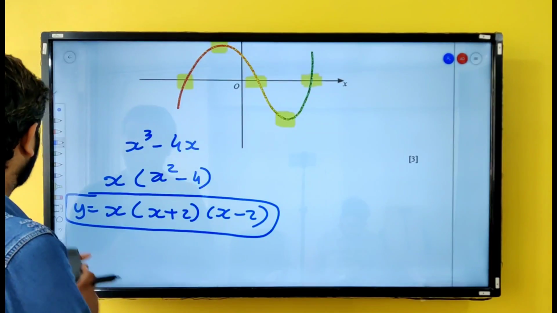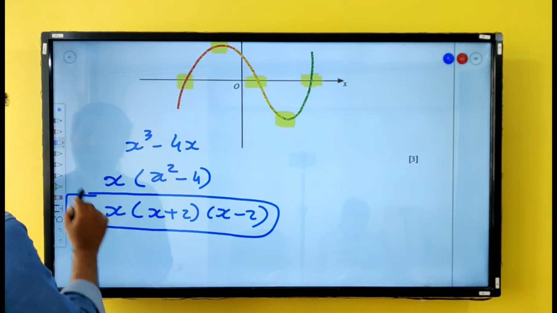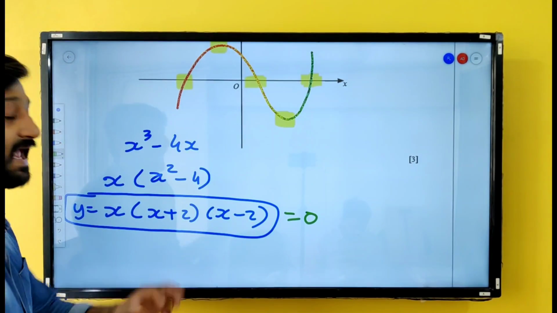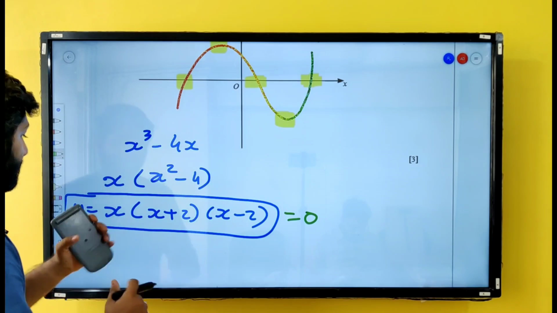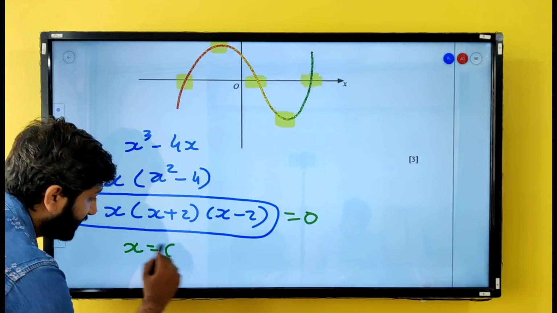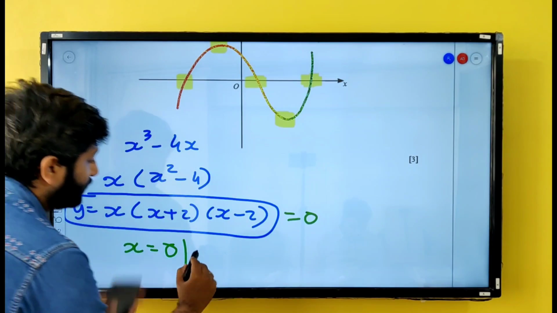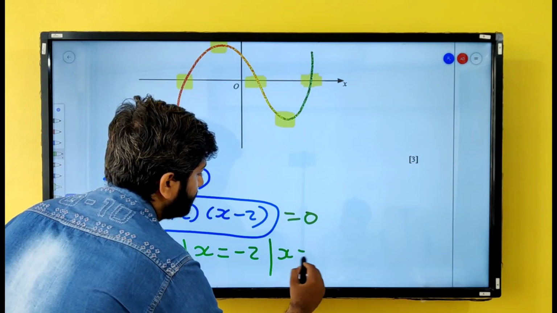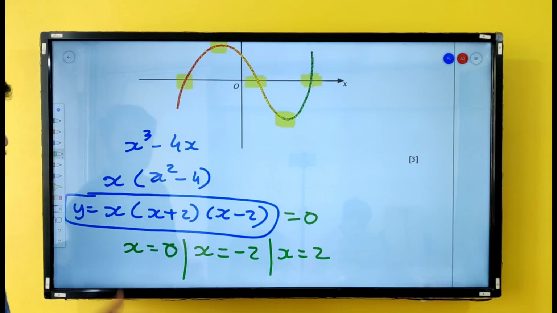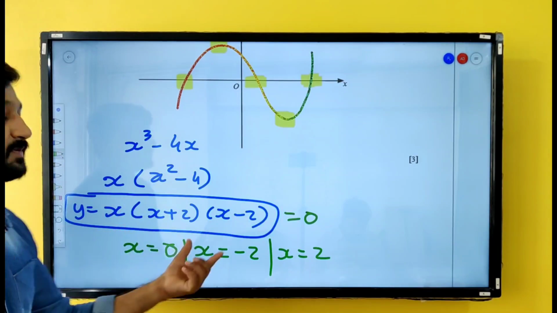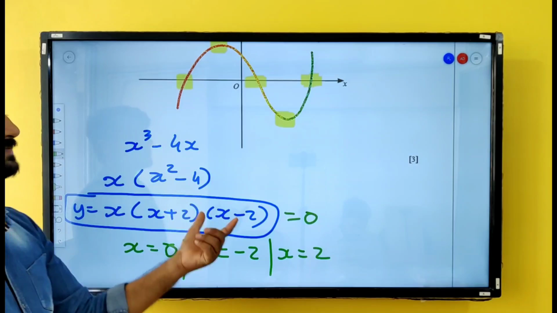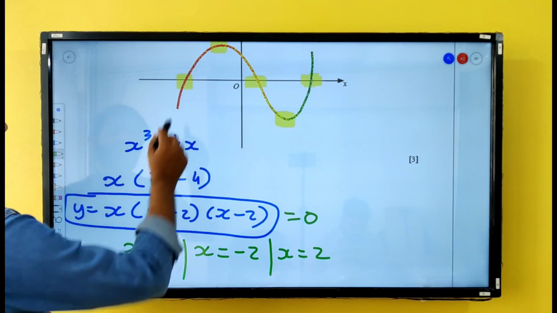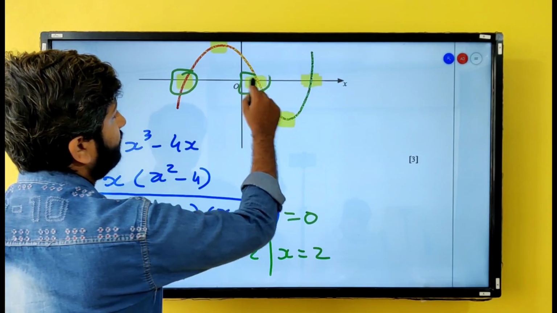So if I place y as 0 here, I'll have 3 values of x. One value of x is going to be 0. The another value is going to be minus 2, and the third value is going to be plus 2. Because you have x equals 0, x plus 2 equals 0, and x minus 2 equals 0. So we have found these 3 values.